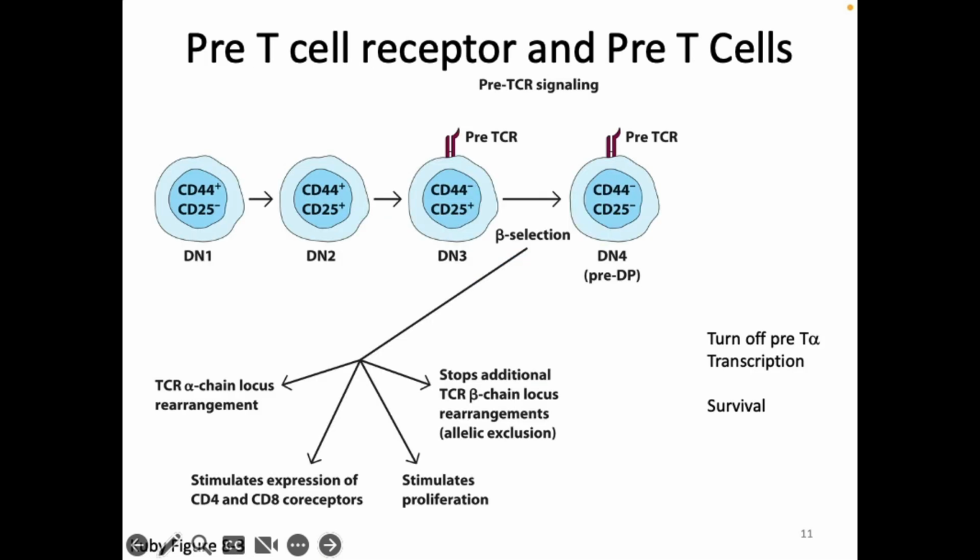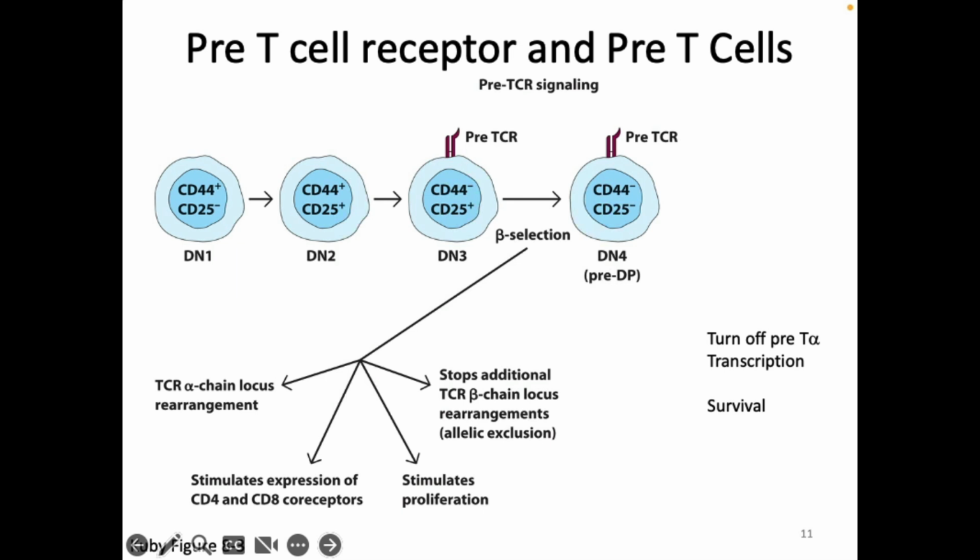Once our cell has made that heavy chain, it's going to do its selection for a good heavy chain, and it's going to do all of the same actions that we saw with a pre-B cell. So first, we're going to see allelic exclusion of further heavy chain rearrangement.